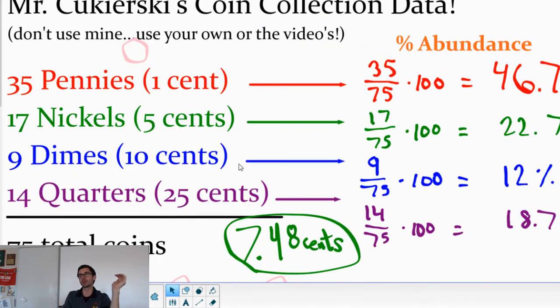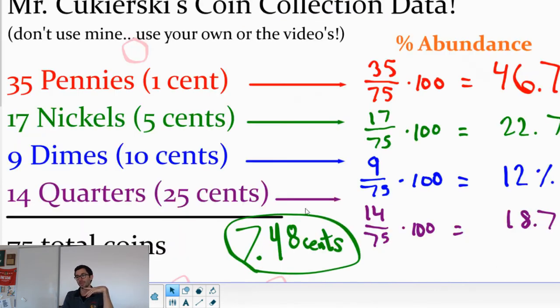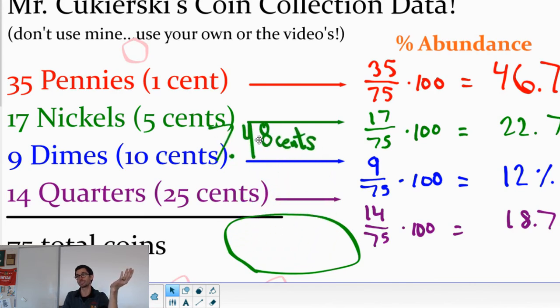So in the same regard, look at what we did last week. This is similar: 1, 5, 10, 25 to 38, 39, 40, 41, 42. Same idea. My average worth of a coin is 7.48 cents, so it's stuck between the nickel and the dime.